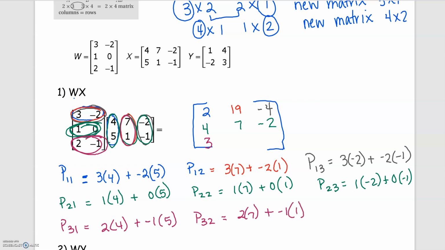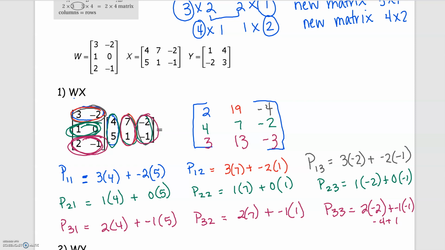So that's 14 minus 1, 13. And then third row, third column, negative 2 and 2, negative 1, negative 1. So negative 4 and 1, negative 3. So there's my answer.